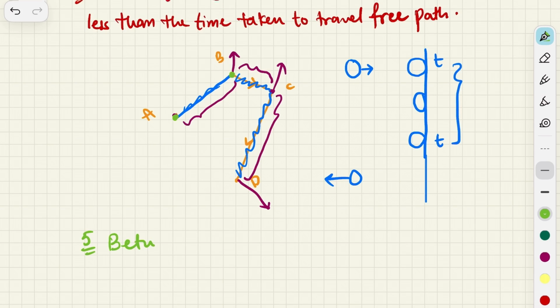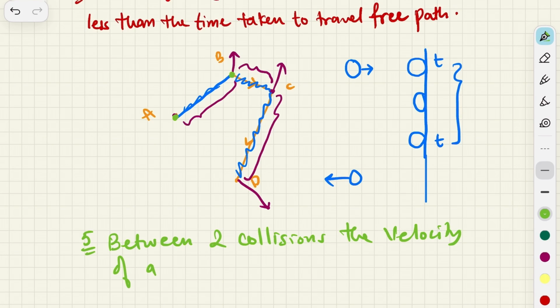So between two collisions the velocity of a molecule is constant. There is no point in increasing its velocity in the middle without any collision. So between two collisions the velocity of a molecule is constant. That is the fifth assumption.